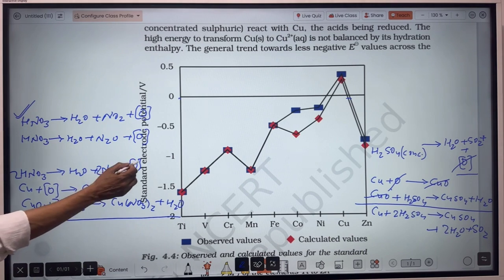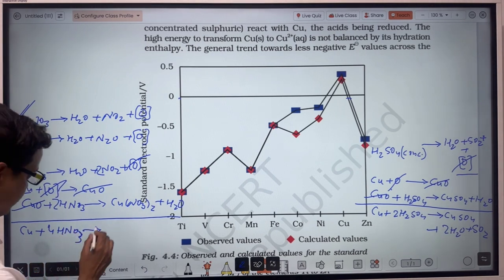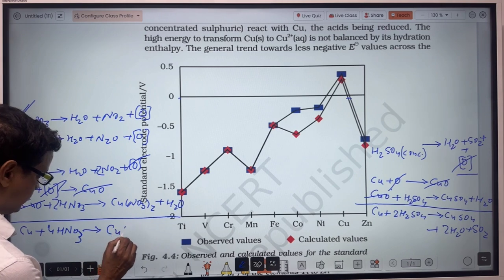Here the nascent oxygen which has been formed has been consumed also. Then the CuO which has been formed has been utilized. So, got it. Then here, copper reacts with 4 moles of HNO3. As a result, there is formation of this.